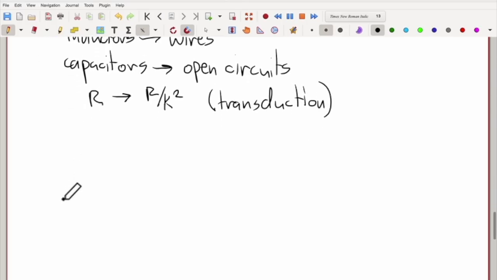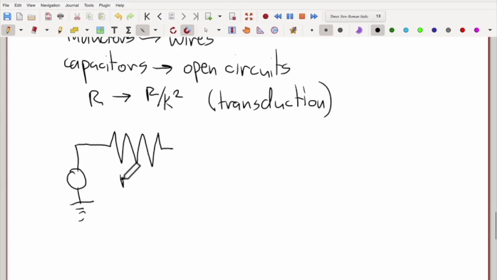So that looks like a source again over here, drawn as a circle, an ideal source, driving a resistance R over K squared.